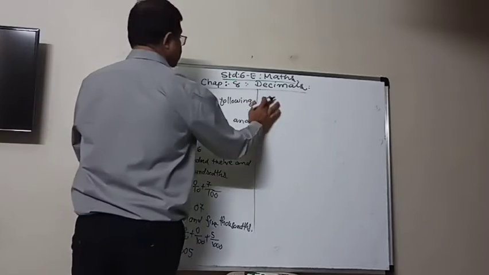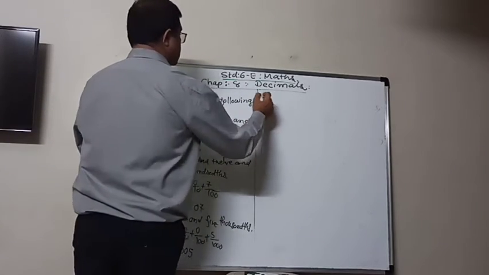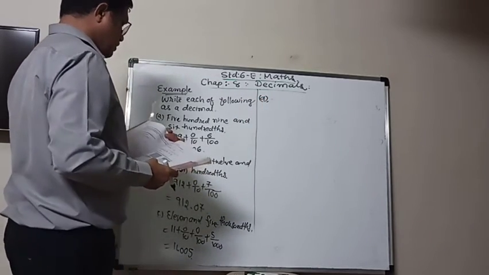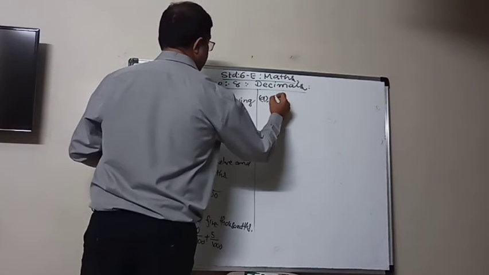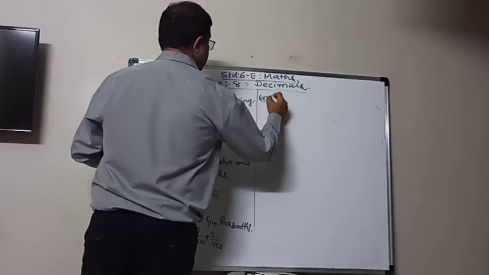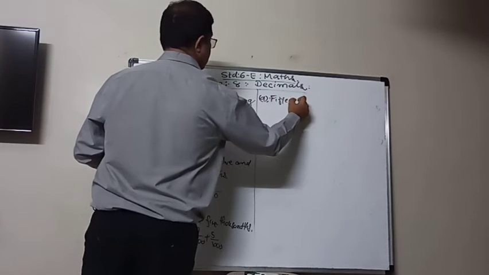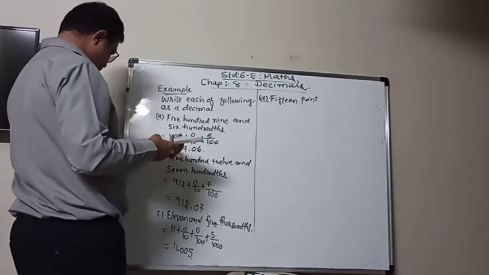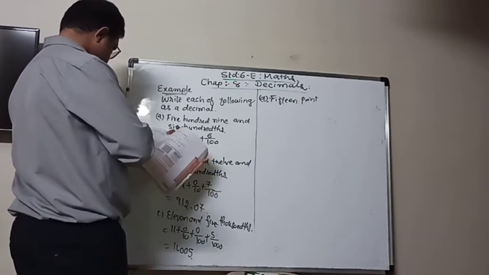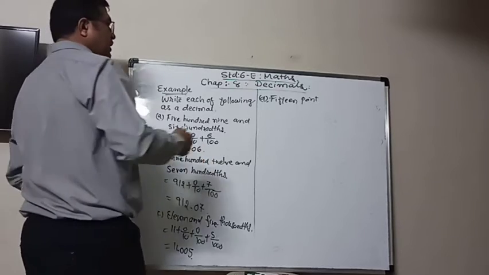Let's take some more examples. It can also be given in point form, like 15 point 789.